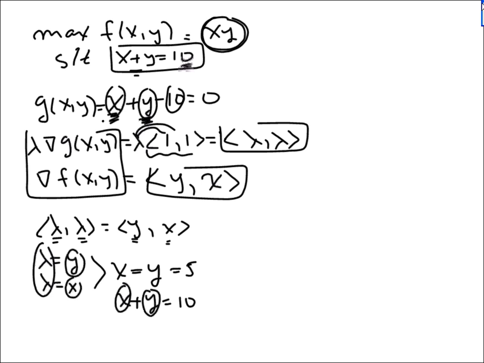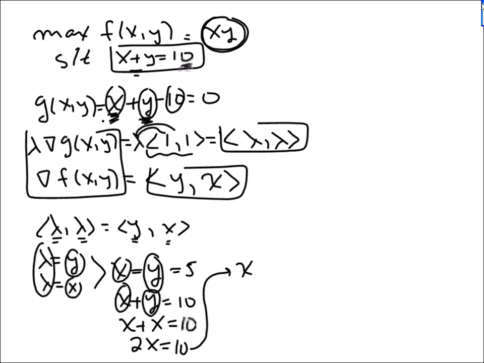But if you can't do that, another way of writing y is x. That x plus x is 10. 2x is 10. 2 times 5 is 10, so x is 5. But x equals y, so y is 5.